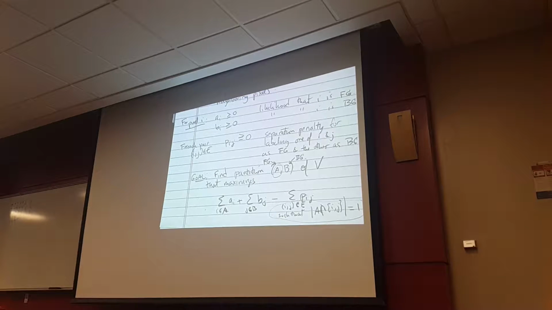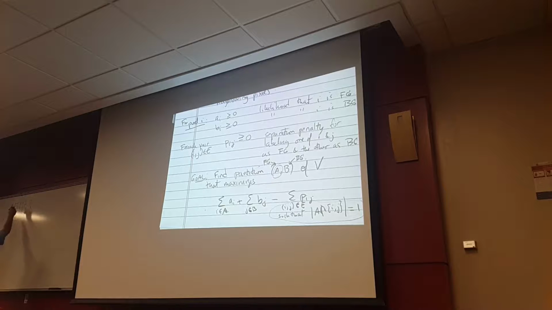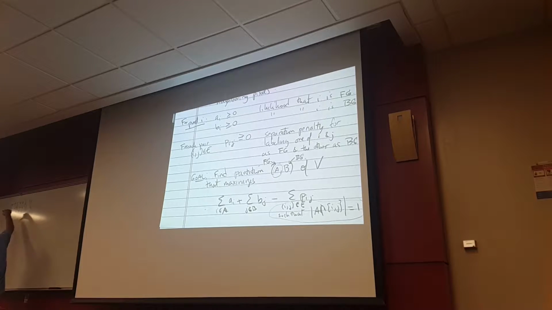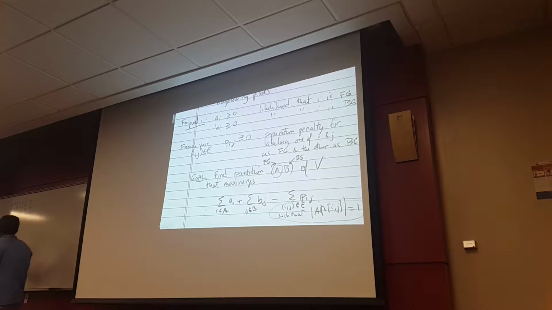In here, the blue region is the A side. So what I'm adding is the a values for these and the b values for the ones in the background. Then I'm subtracting the penalties for edges that look like this. For instance, this edge goes from the A side to the B side, and so does this edge, and so on.